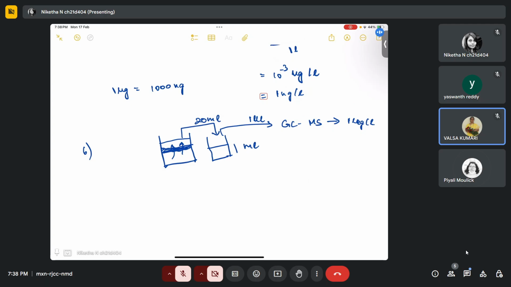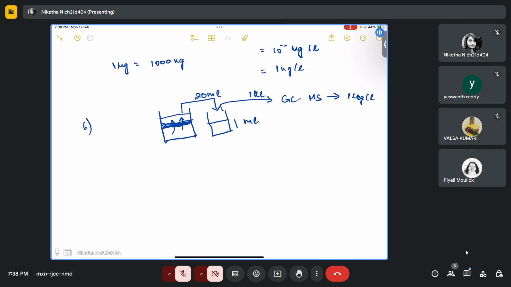Yes. Okay. So now we already know that in this 1 ml volume, there is 1 nanogram of mass of chemical present. Now, this is from the 20 ml extraction and not the 30 ml extraction.